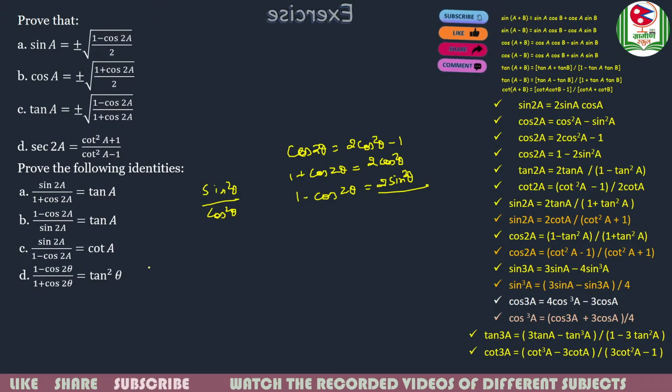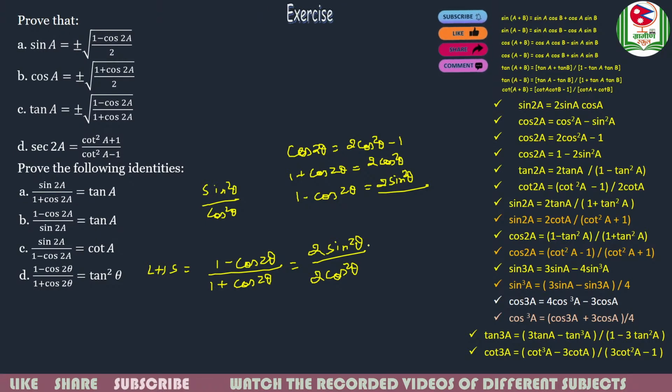So let's do it. LHS is equal to 1 minus cos 2 theta upon 1 plus cos 2 theta. Here 1 minus cos 2 theta means 2 sin square theta, and 1 plus cos 2 theta means 2 cos square theta. So 2 and 2 are cancelled out.